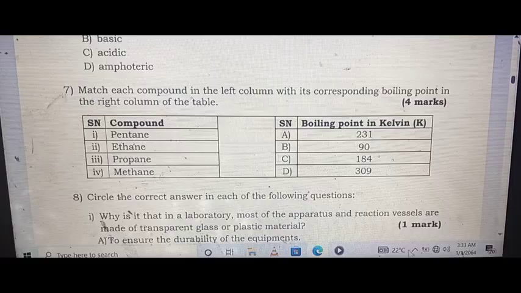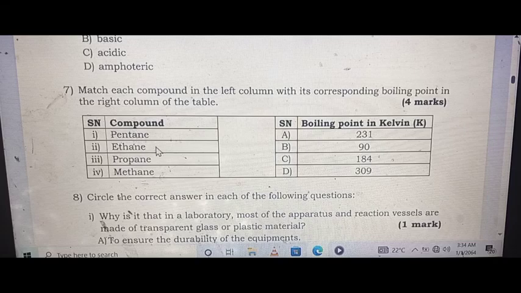Question 7. Match each compound in the left column with its corresponding boiling point in the right column of the table. 1, pentane. Match to D. 2, ethane.